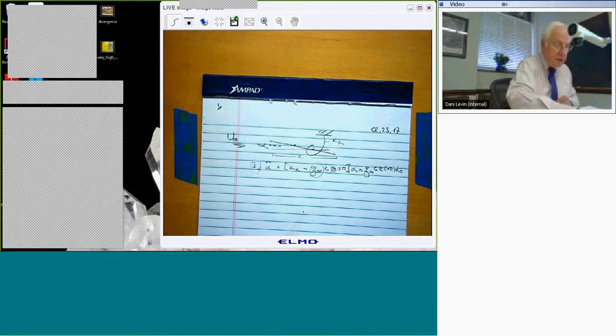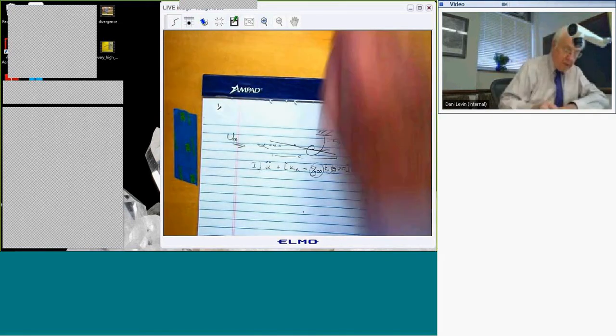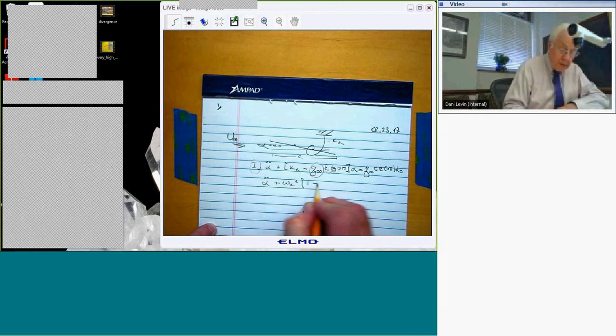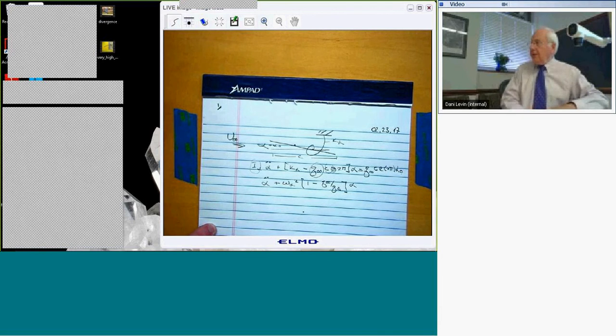Okay? And then if we non-dimensionalize that as we are wont to do, we got, of course, dots denote time derivatives, alpha double dot plus omega_alpha squared times 1 minus Q_infinity over Q_divergence times alpha. This time I remembered to put it in, right?